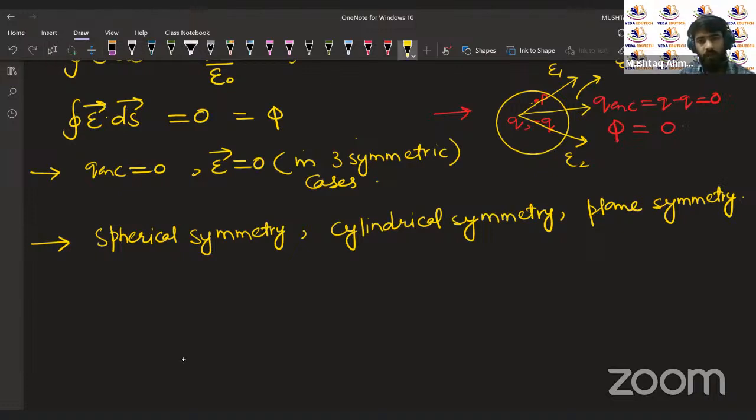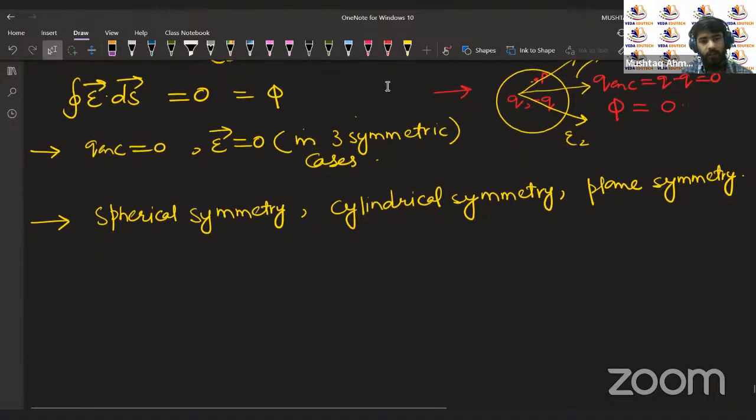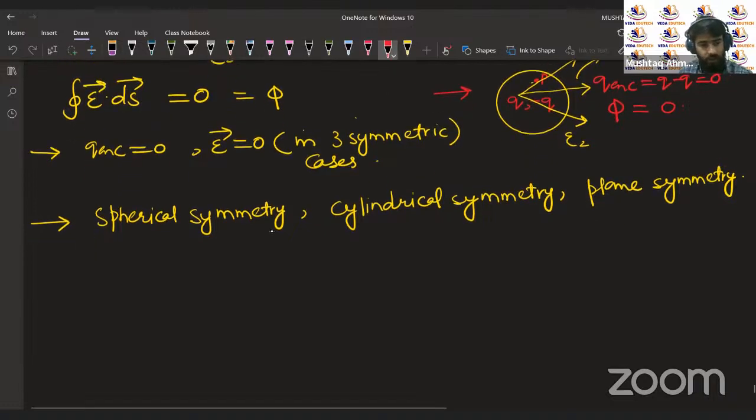Suppose in these cases the electric field is symmetric. It means that the electric field intensity will have the same magnitude at every point on the Gaussian surface.